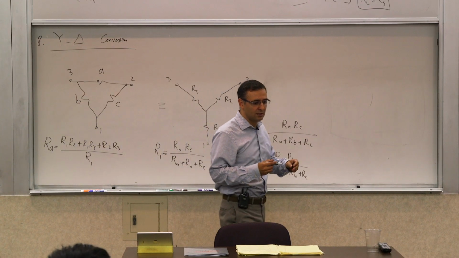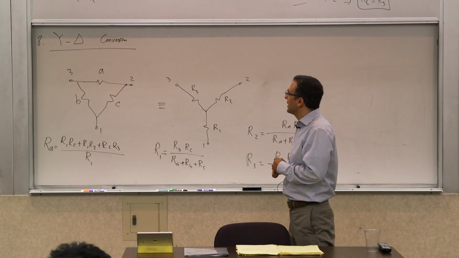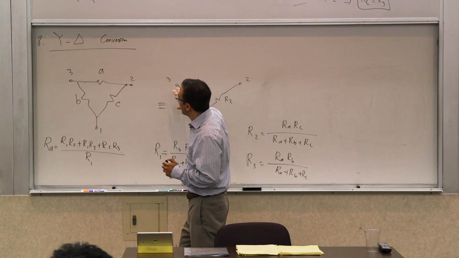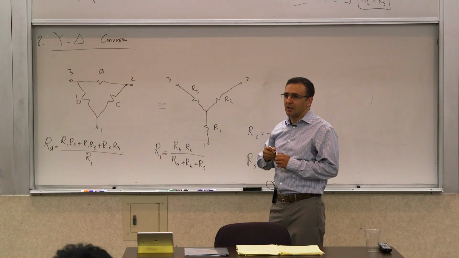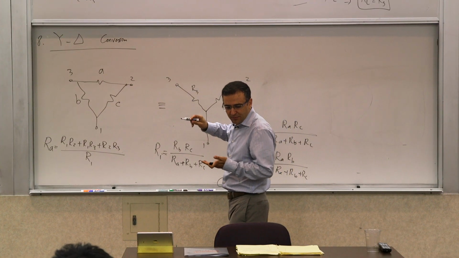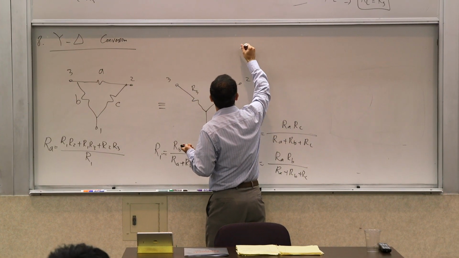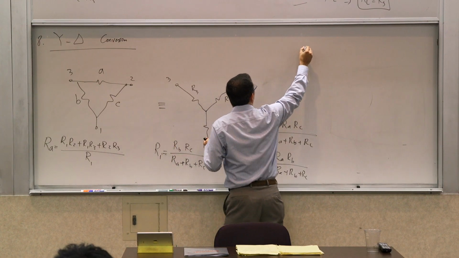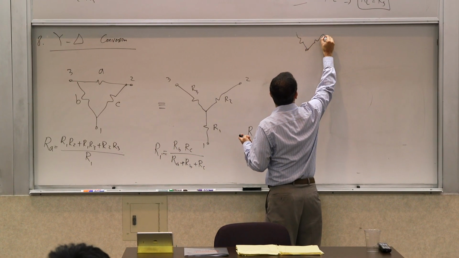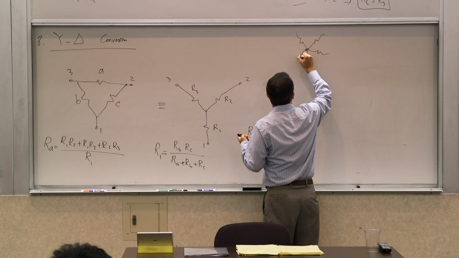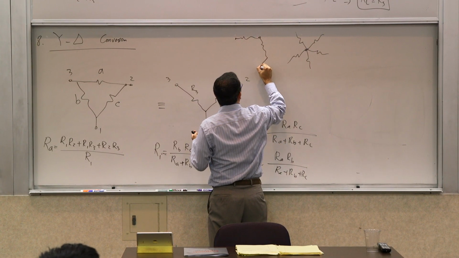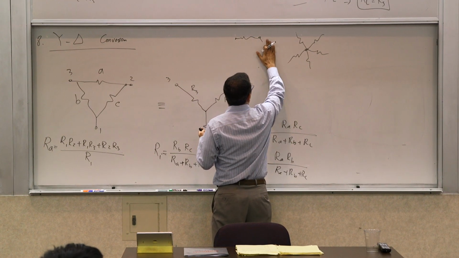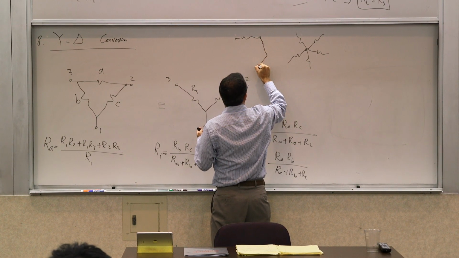It's the same sum. So because this looks like a Y, and if this is upside down, it's a delta. Generally, these transformations are called mesh-star or star-mesh. So star would look like this. And a mesh is a connection of all possible resistors that can be connected among these nodes.